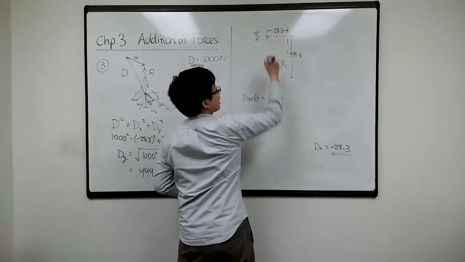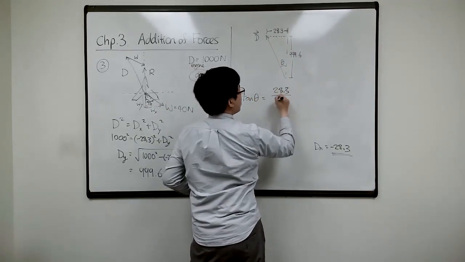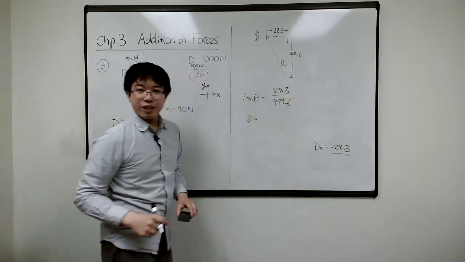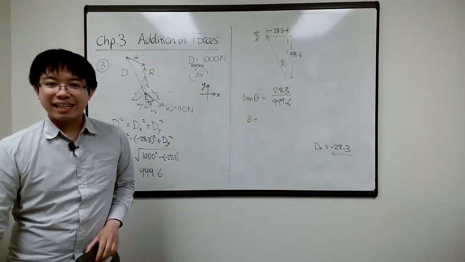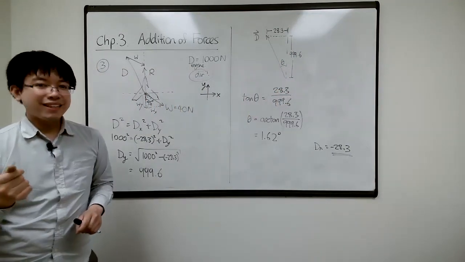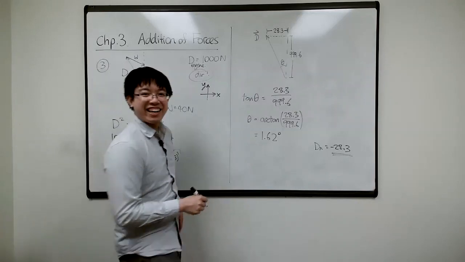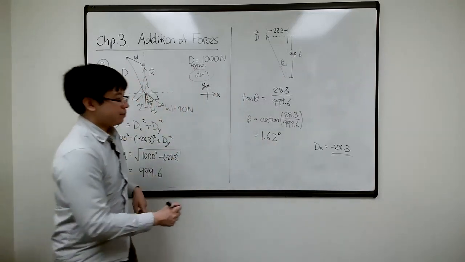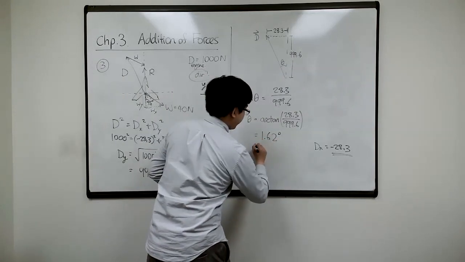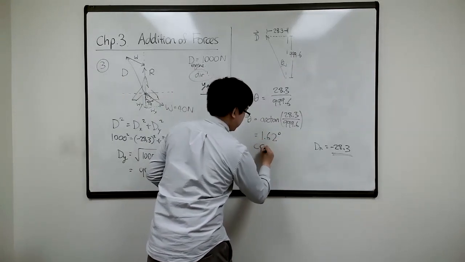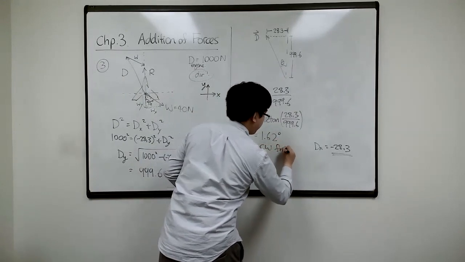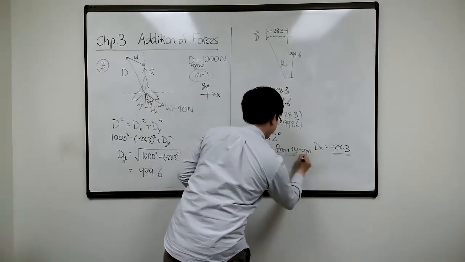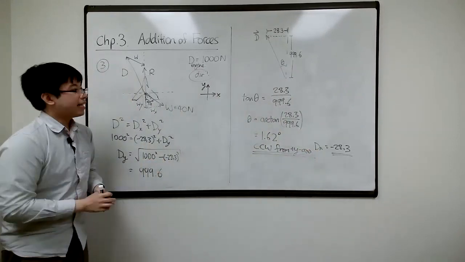We want tangent theta to be 28.3 over 999.6, and let's skip to the answer again. It's 1.62 degrees, but that's theta, right? So let's be clear as well. It's 1.62 degrees counterclockwise from the positive y-axis. And that would be the right answer.